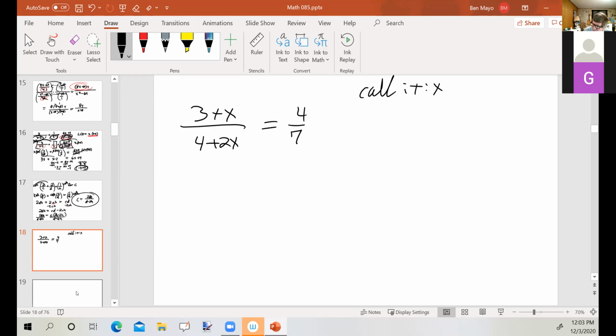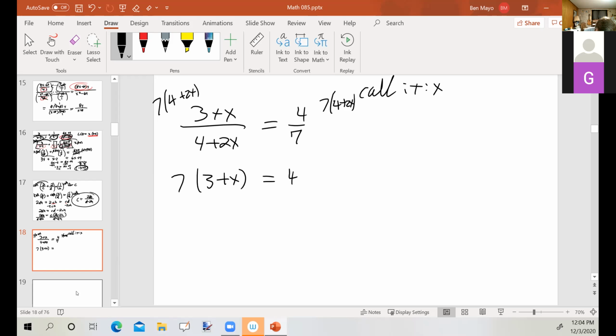I have an equation containing fractions. The least common denominator is going to be what? 4 plus 2x times 7? Yeah, okay, so I'll go 7 times 4 plus 2x and 7 times 4 plus 2x. So on the left side, I get 7 times the quantity 3 plus x.